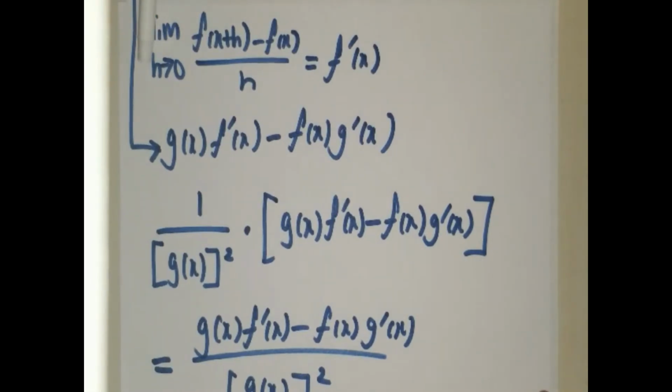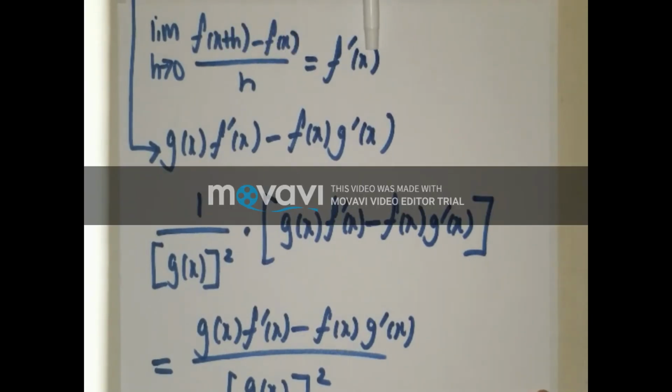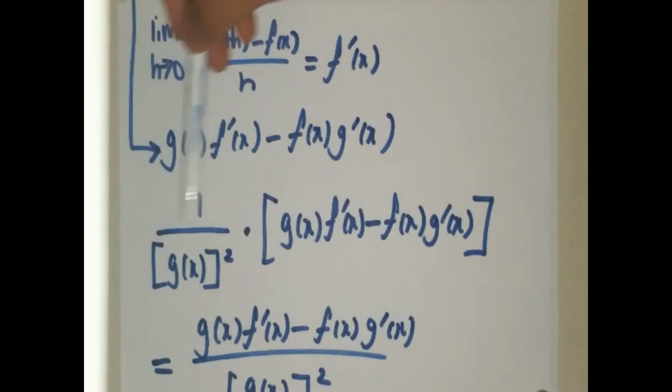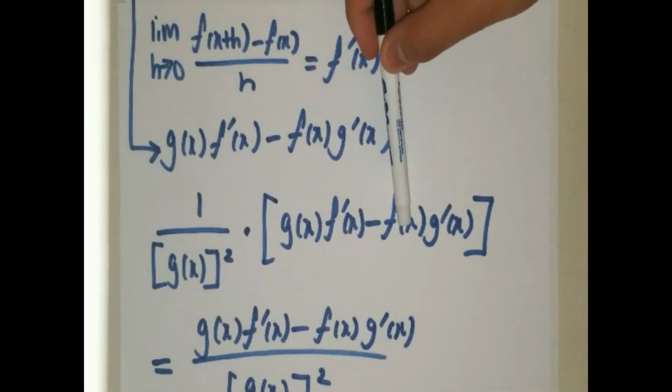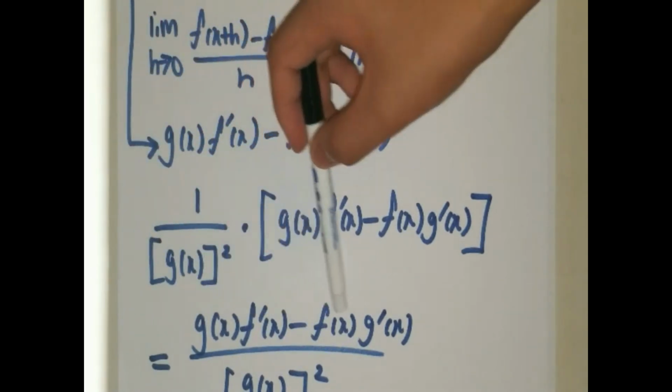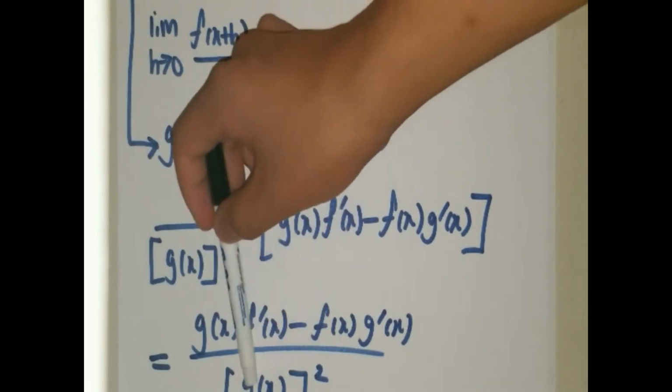Since the limit as h goes to 0 of (f(x+h) minus f(x)) over h equals f prime of x, it can be written as g(x) times f prime of x minus f(x) times g prime of x. By multiplying the first part and second part of the equation, the quotient rule will be (g(x) f prime of x minus f(x) g prime of x) all over g(x) squared.